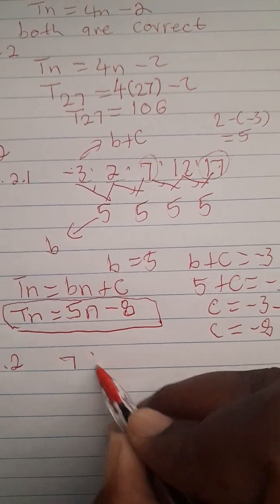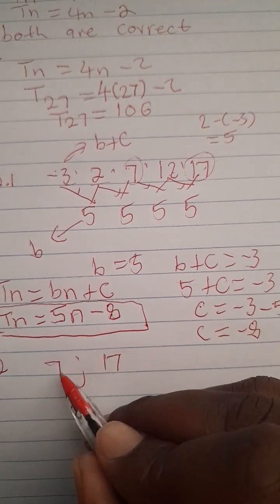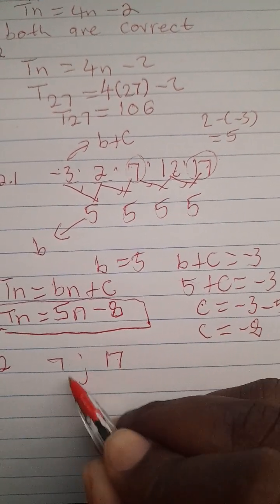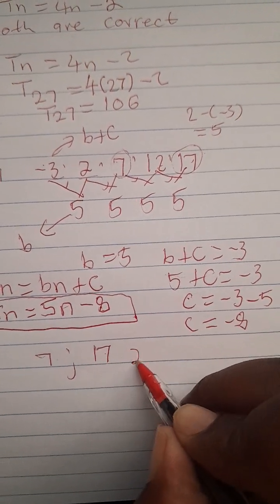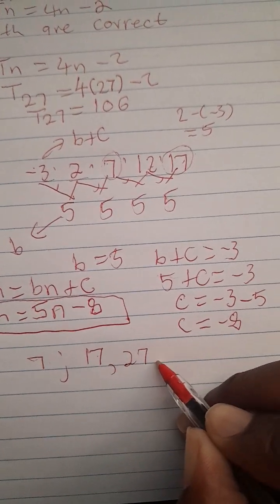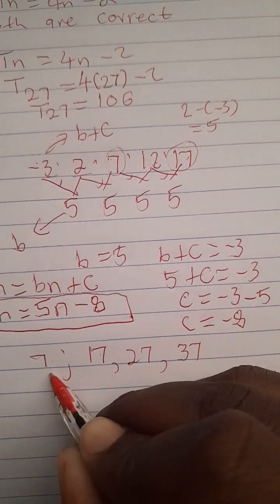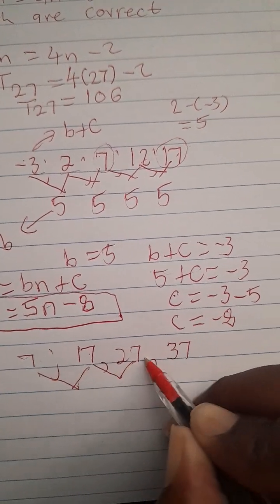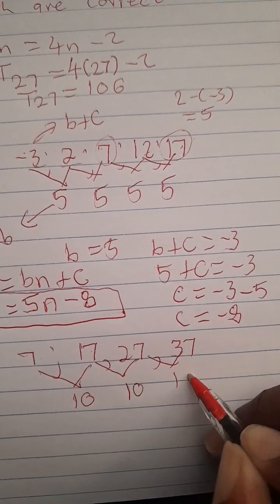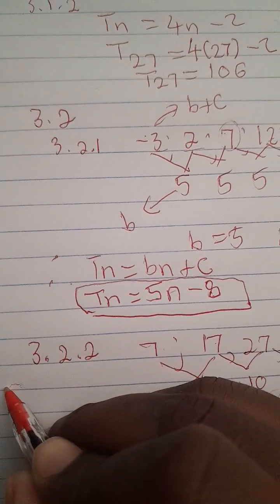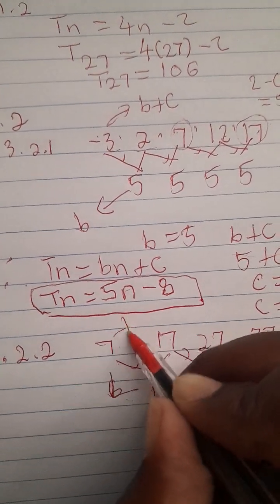To get to 17, we add 10. 7 plus 10 is 17, 17 plus 10 is 27, 27 plus 10 is 37. So our difference is 10. This is the same as b, and this is the same as b plus c.